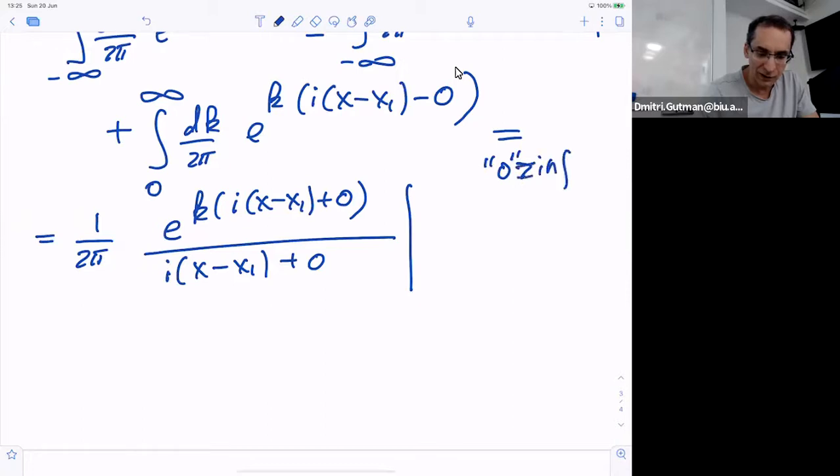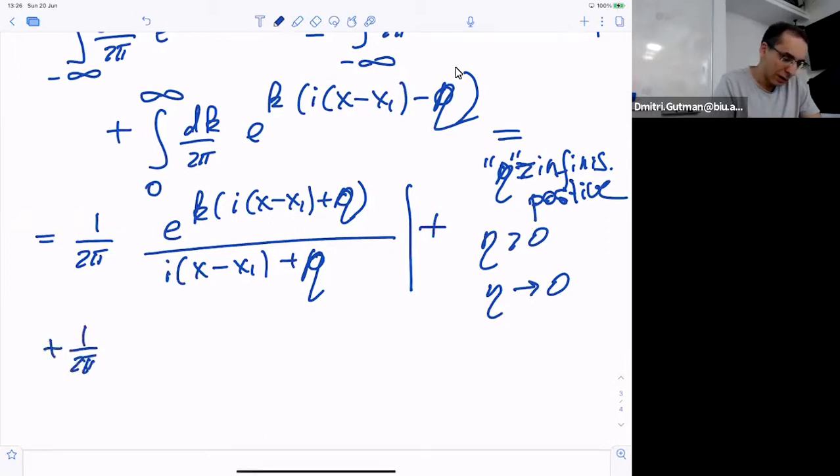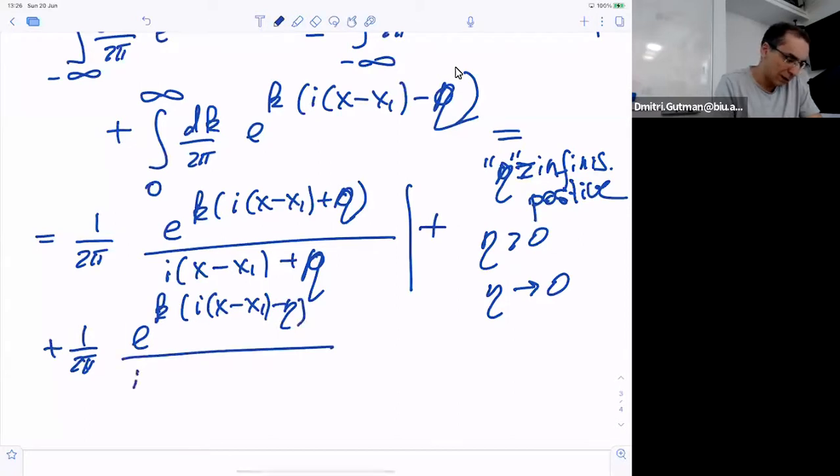So if you don't like 0, you can write, I don't know, something like this, eta. Then this object is positive and approaches 0. Plus 1 over 2π e^{k(i(x − x1) − η)} over i(x − x1) − η. This goes from minus infinity to 0, and this goes from 0 to infinity.